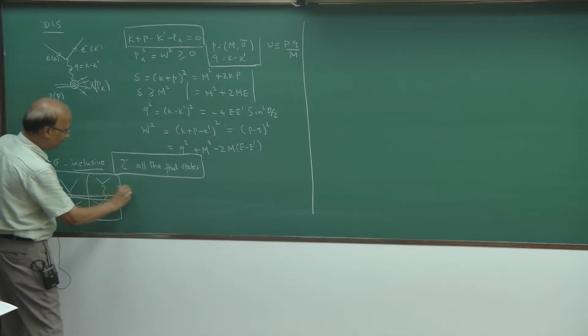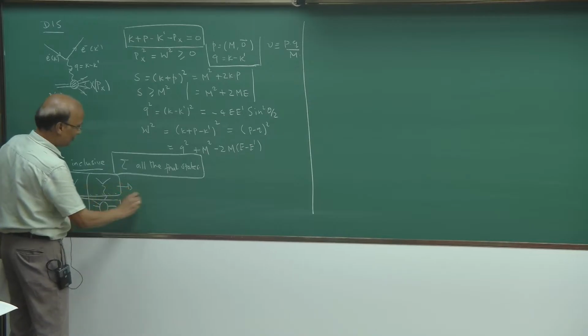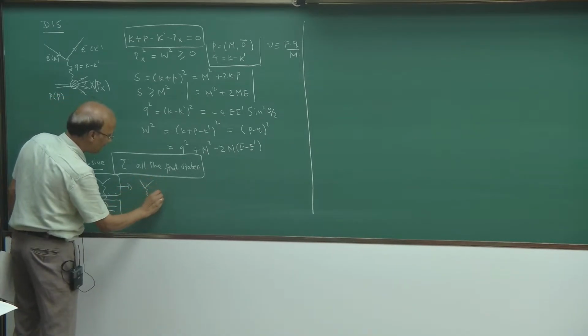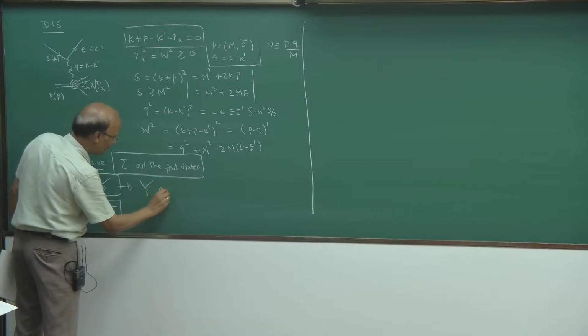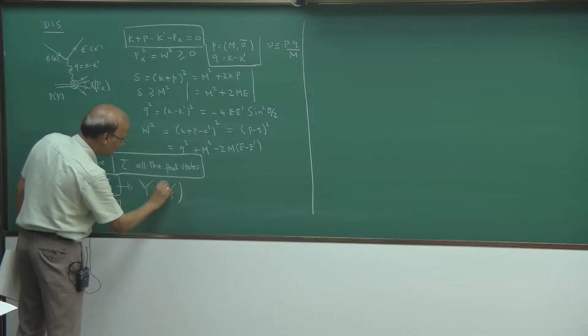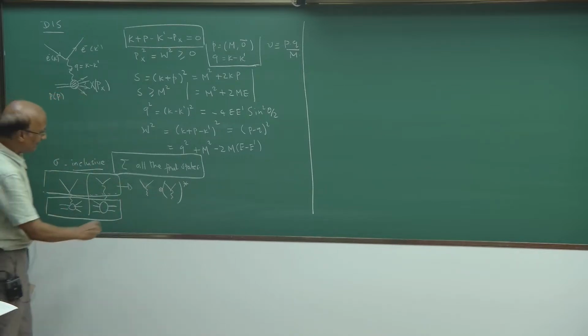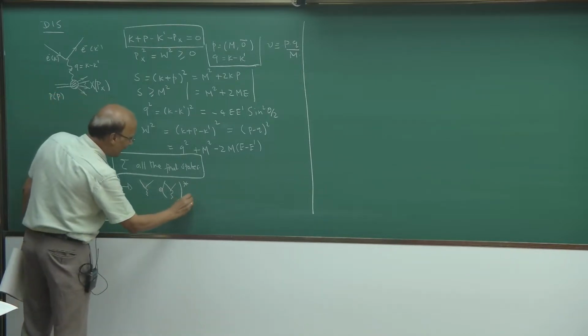So the upper part of the diagram, which will be this times this. This symbol doesn't mean anything, it just says product of amplitudes.